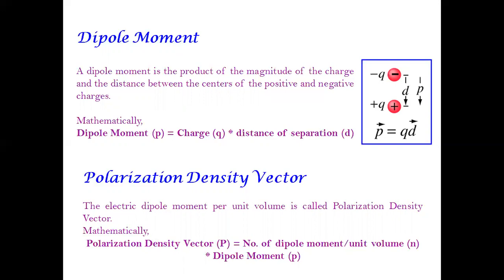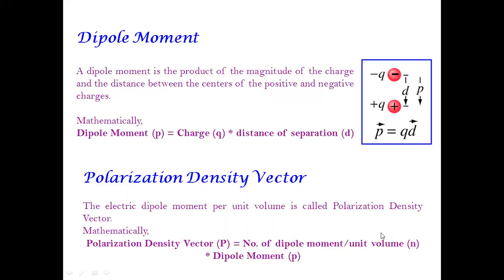Okay. Now we have to know what is the polarization density vector. It is defined as the electric dipole moment per unit volume. Mathematically, the polarization density vector is equal to the number of dipoles per unit volume times the dipole moment.